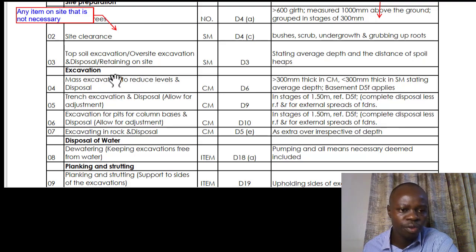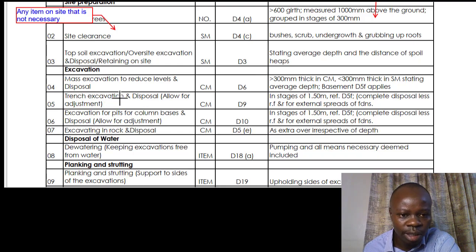Trench excavation falls under excavations, and when you are wondering where you can find it, it's done in cubic meters, and the rule is found from section D9. That is where you can find that particular rule in terms of trench excavation.